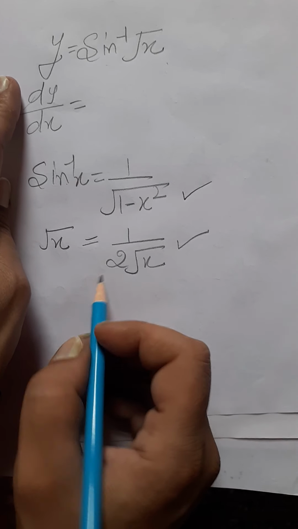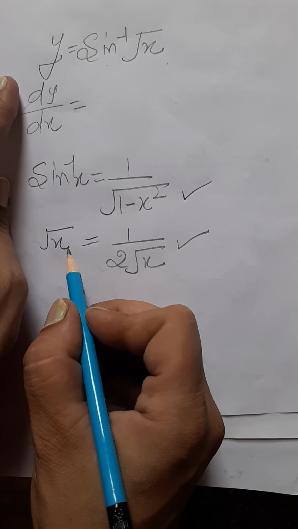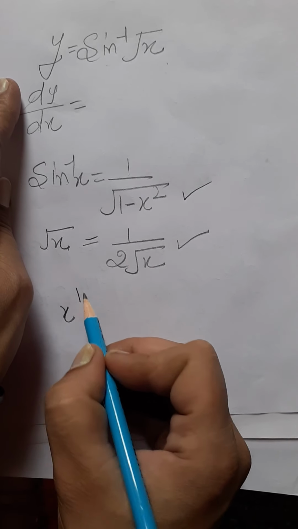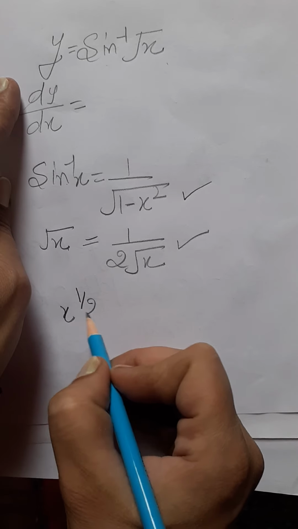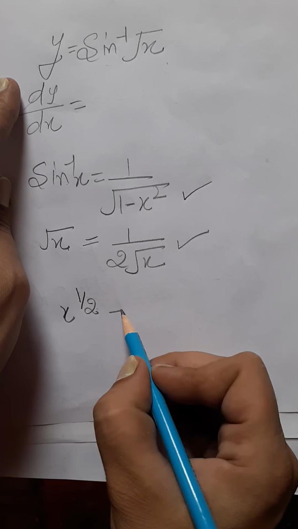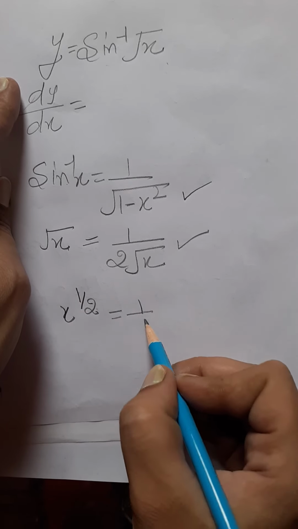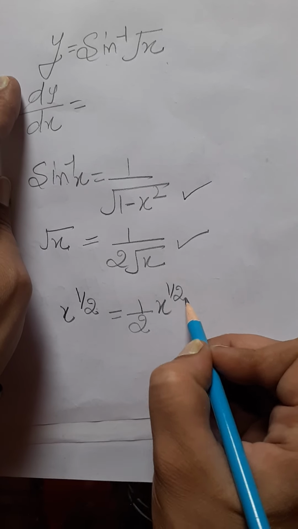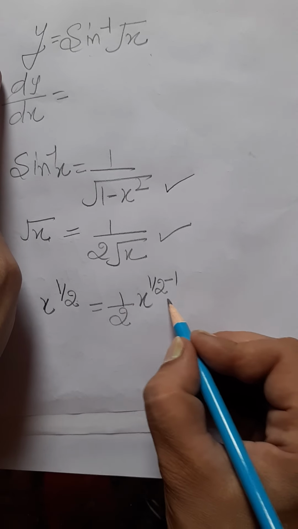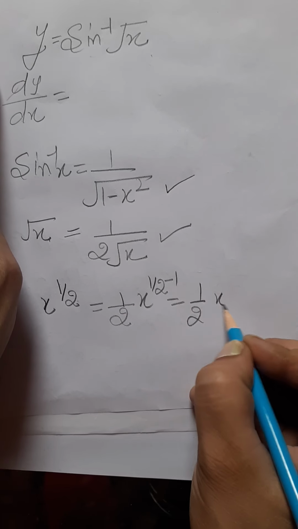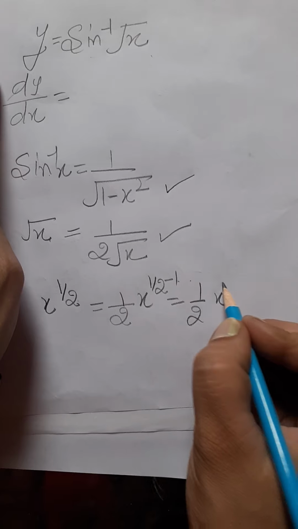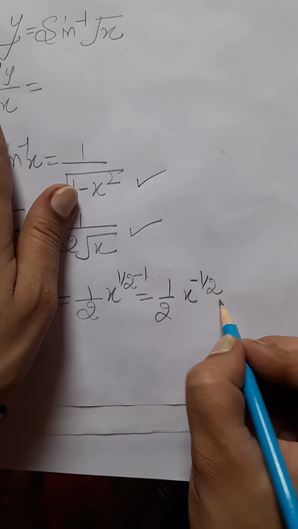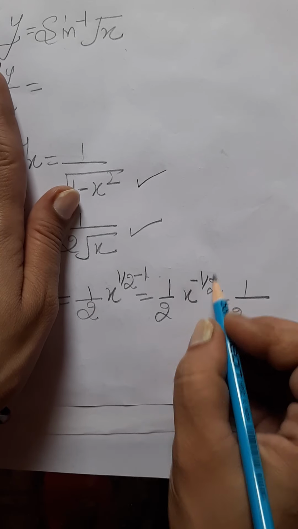Now, I will tell you how we can find the derivative of root x. That is very easy. Root means the power of x is 1/2. When we take the derivative, you take the power 1/2 first, and subtract 1 from this power, and after solving it we get minus 1/2.